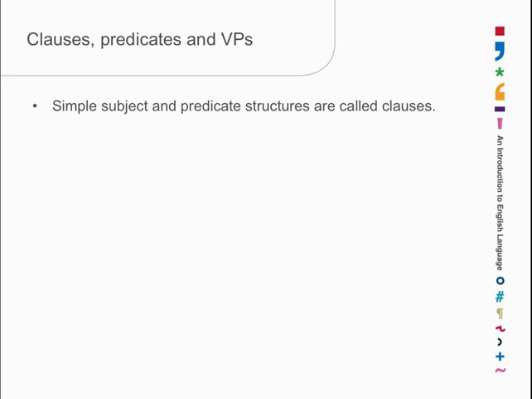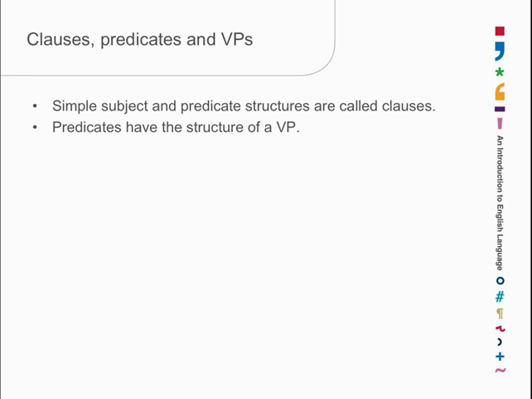It's got nothing to do with Santa. Anything that has a subject and a predicate is a clause, and so we can have multi-clause sentences. Sentences that have a number of clauses, each of which has its own subject and its own predicate. And we'll look at that stacking arrangement, the embedding arrangement, a little later when we look at multi-clause sentences.